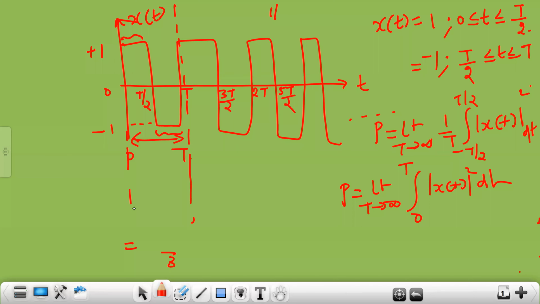Now this you can split into 0 to T by 2 and T by 2 to T. For 0 to T by 2, the amplitude is 1, so it will be 1 square dt. And for T by 2 to T, the amplitude is minus 1, so minus 1 the whole square dt.